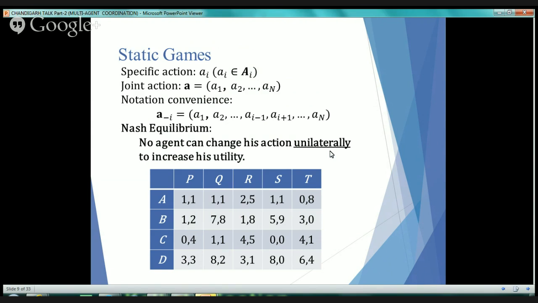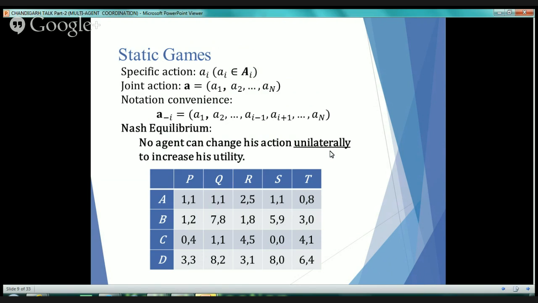So for him, D is the best, right? Likewise, let's look at this player here, who's playing T. What is he getting? 4. If he switches to S, he would get 0, which is less than 4. If he switches to R, he'd get 1. So again, the second agent does not have any incentive to move unilaterally.